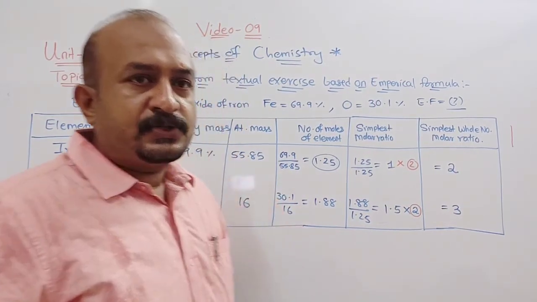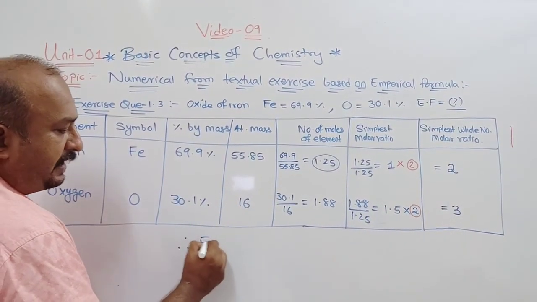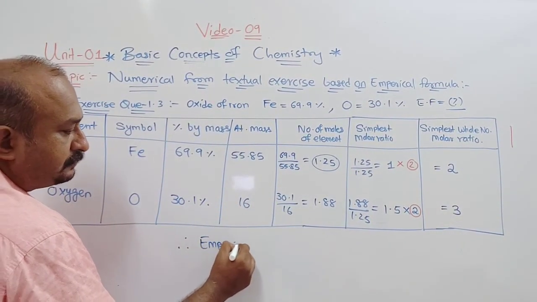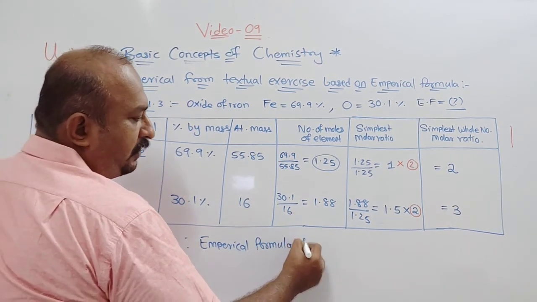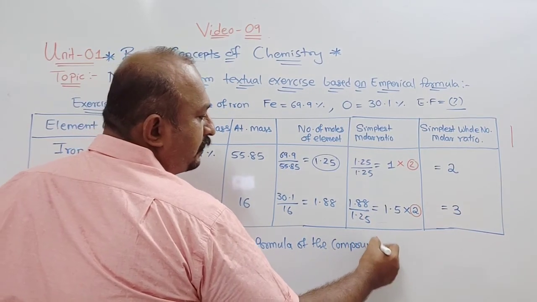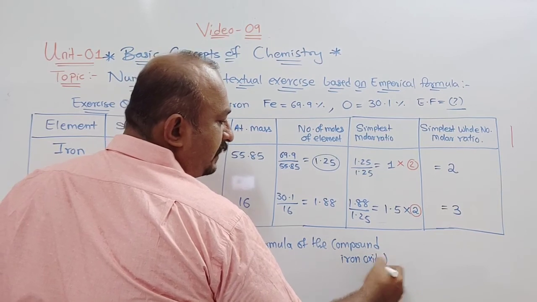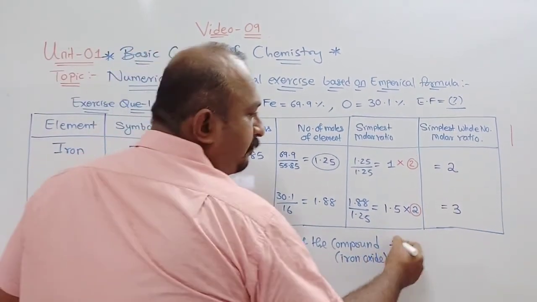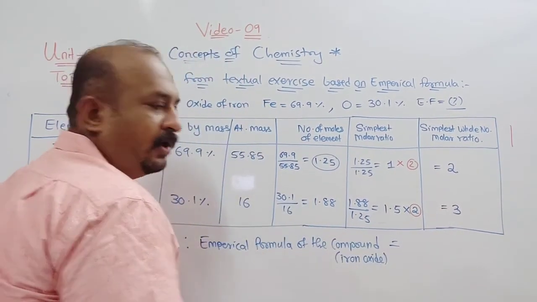Understood this part? Okay. So now we can write the empirical formula of the compound, iron oxide, as written in your question. The empirical formula of the compound: this shows the number of Fe and this shows the number of oxygen.